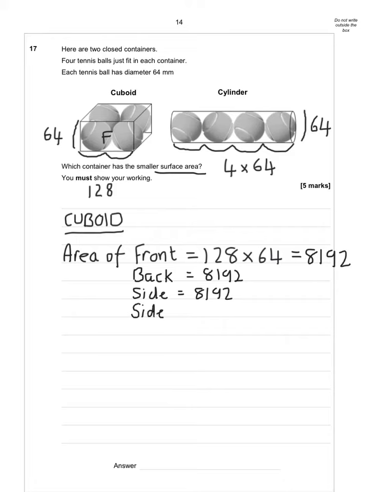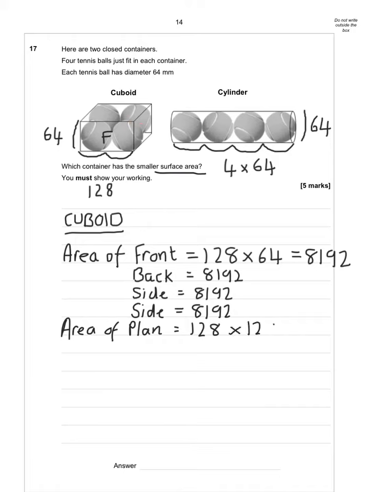Of course I could have just multiplied that by 4, but I like to get my classes to write down each of the faces so they don't miss any out. Now, the area of the top, or the area of the plan, because the plan view is the view of the top, is 128, because it's 128 here, by 128.